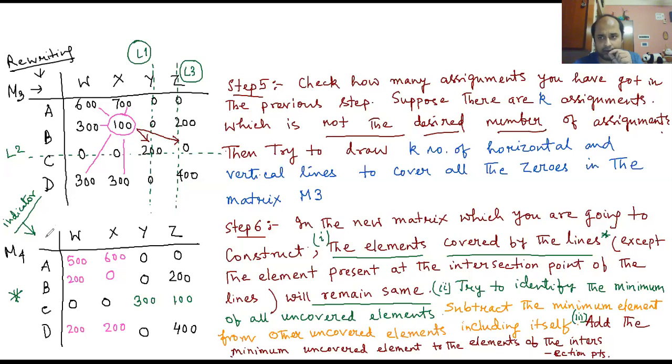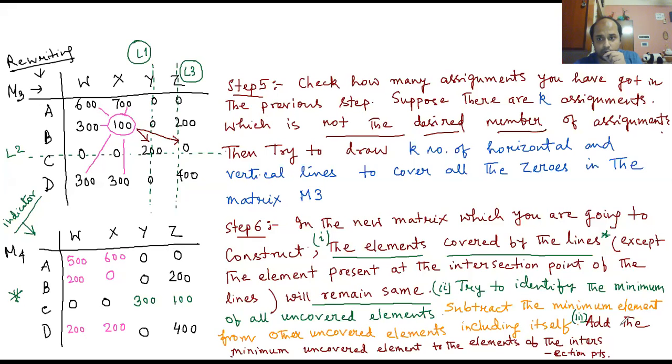Maybe they don't want to get into the details and confuse the students, or maybe they miss it somehow. But this is why I can say the Hungarian method is the optimal method. Extra optimality checking is not required. So this is my new modified matrix of zeros, where I can make my assignments once again.